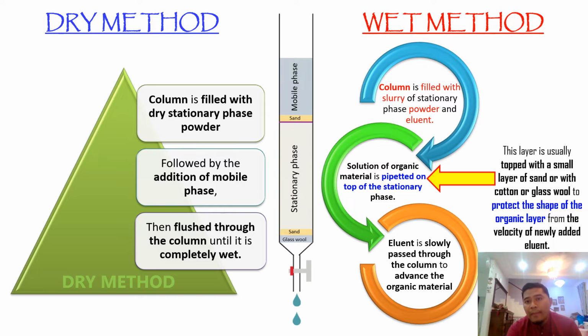The wet method: the column is filled with a slurry of stationary phase powder and eluent. This is the common wet method that we use if you do this in the lab. In the second part of the wet method, a solution of the organic material is pipetted on top of the stationary phase. The eluent is slowly passed through the column to advance the organic material. So this is the thing, the eluent is the mobile phase.